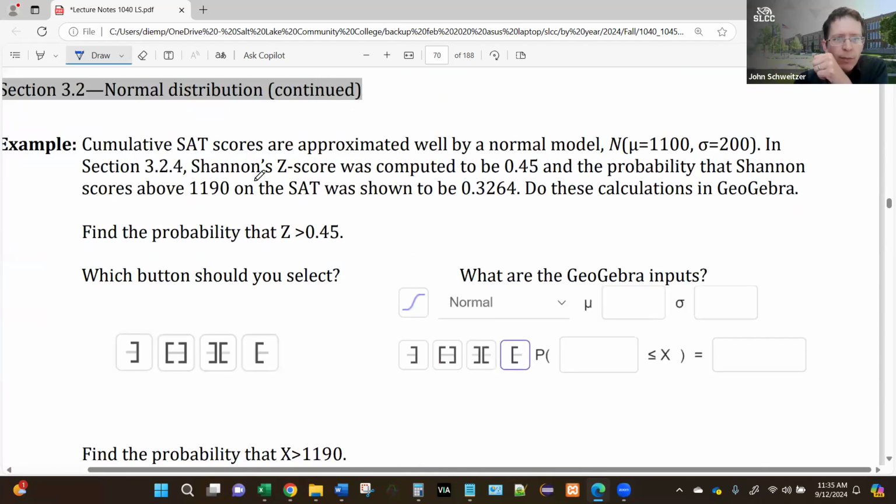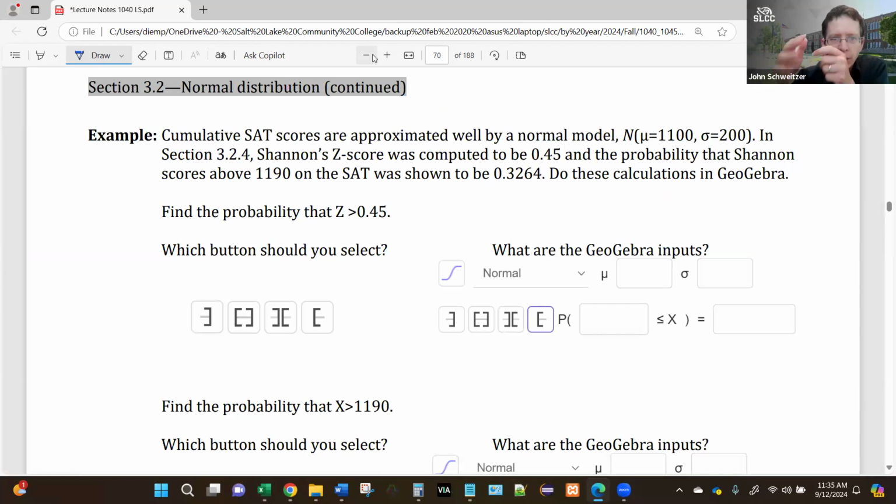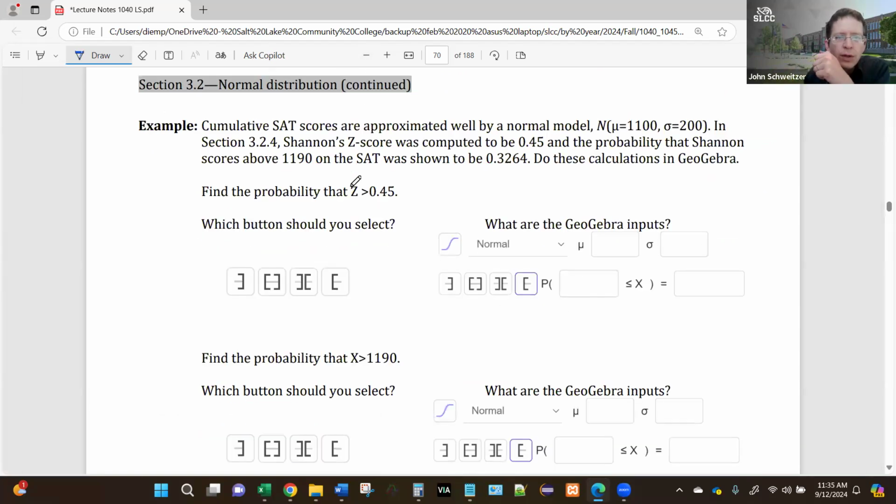But most of the time, when you're out in the real world and not doing theoretical statistics, people using the normal distribution probably won't use the z-score. It's more common to avoid the standard normal and just go with a typical normal distribution. There was an example in the book.